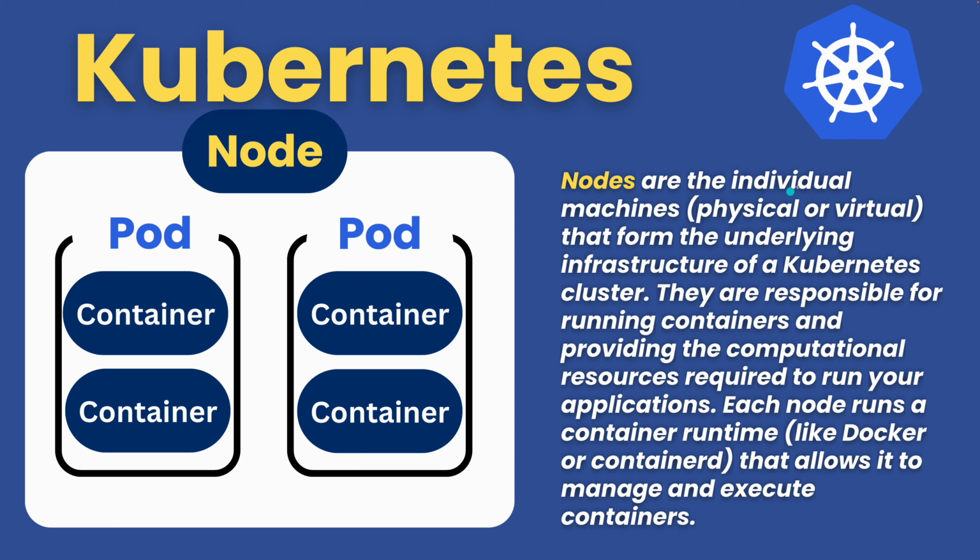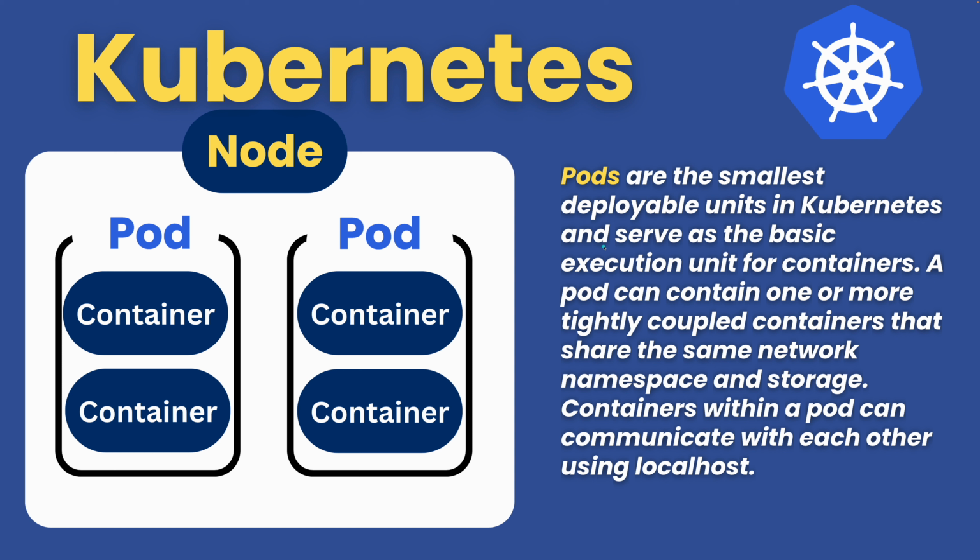Pods are individual machines on the underlying infrastructure. Whether it's Python or whatever, you can consider it a virtual machine, an individual virtual machine. Pods are the smallest deployment unit inside Kubernetes. They are tightly coupled with the containers, so pods can communicate with each other as well.